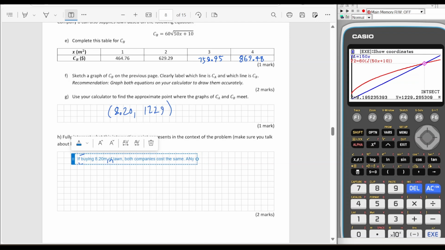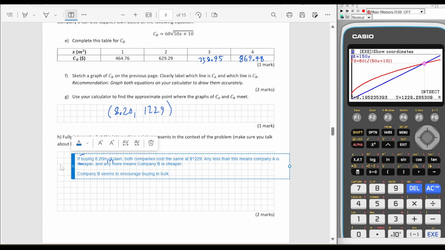Any less than this means company A is cheaper, and any more means company B is cheaper, and at this special point where they cost the same, at 12.29. So you could also make a comment something like company B seems to encourage buying in bulk.